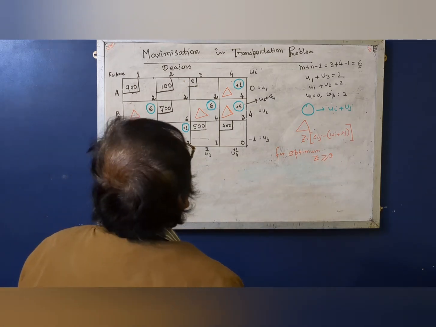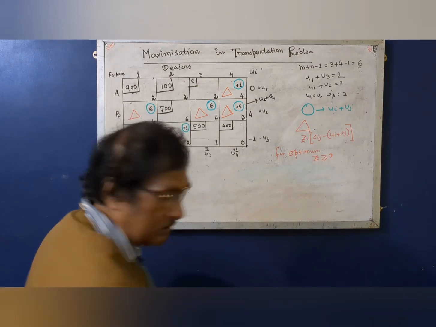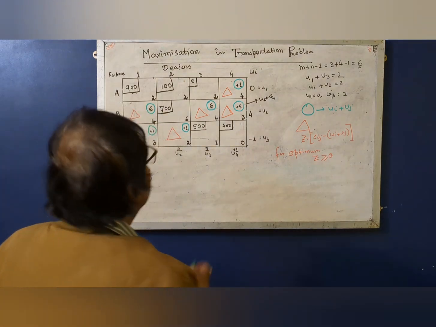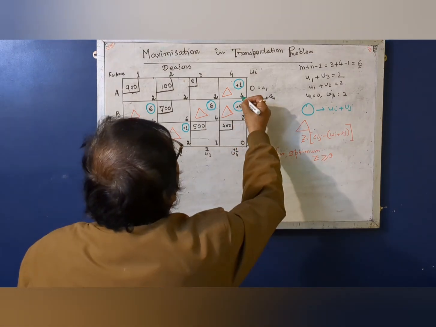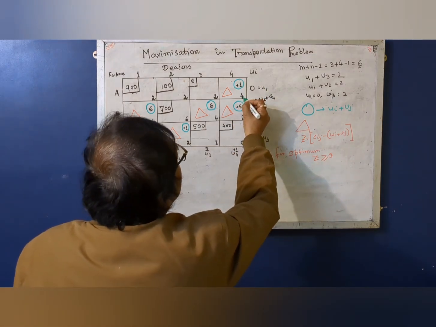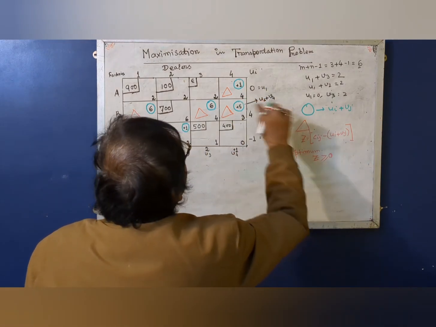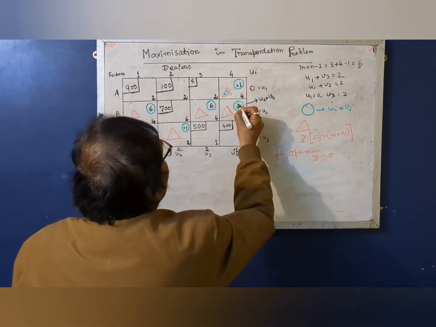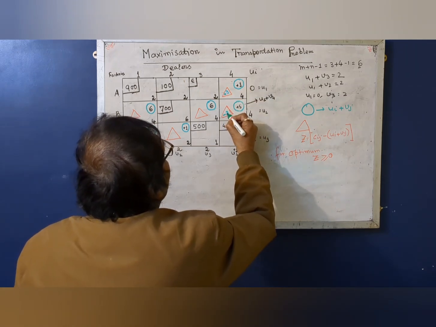Now check how we find it. Cij means the cost Cij minus (ui plus vj). For this, 4 minus 1, this is plus 3. For this, 3 minus 5, this is minus 2.